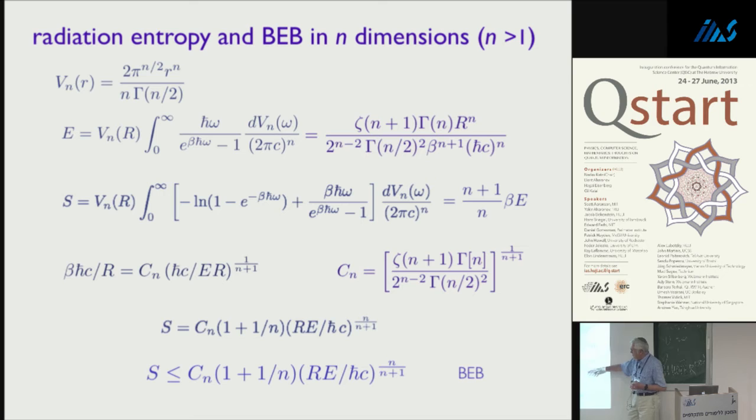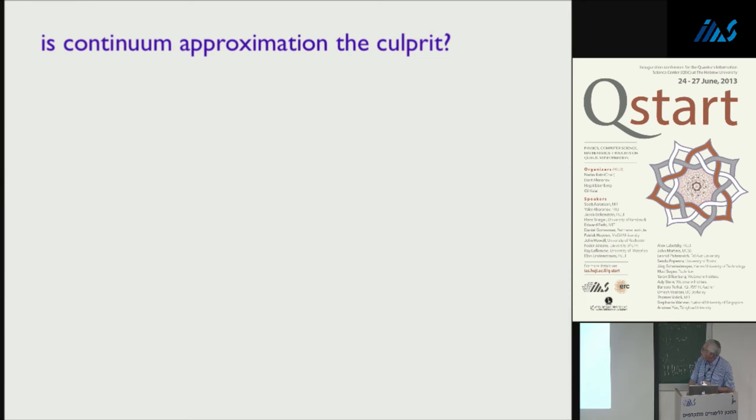And I want to now discuss problems or violations of this bound. So this is the Boltzmann entropy bound in any dimensions. I will show you numbers later, but for the moment, one perceives a problem as follows. This is the relation between entropy and energy that we have for thermal radiation in n dimensions.